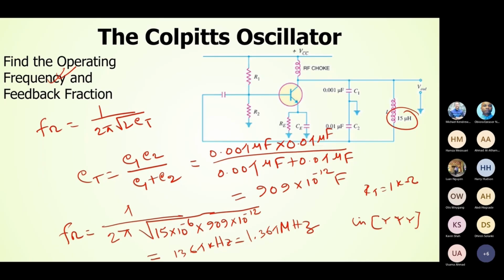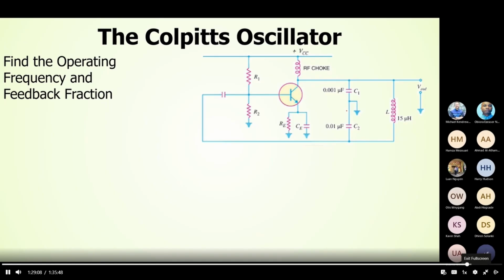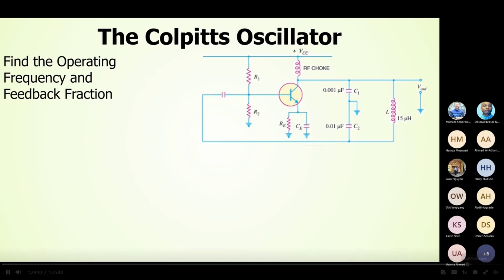Okay. So we already got the resonance frequency. So this is actually the operating frequency of our circuit. So this oscillator will oscillate at 1.361 megahertz. Now another question that you have to do is the feedback fraction. So here we have a feedback fraction, and that feedback fraction is actually given by the formula.